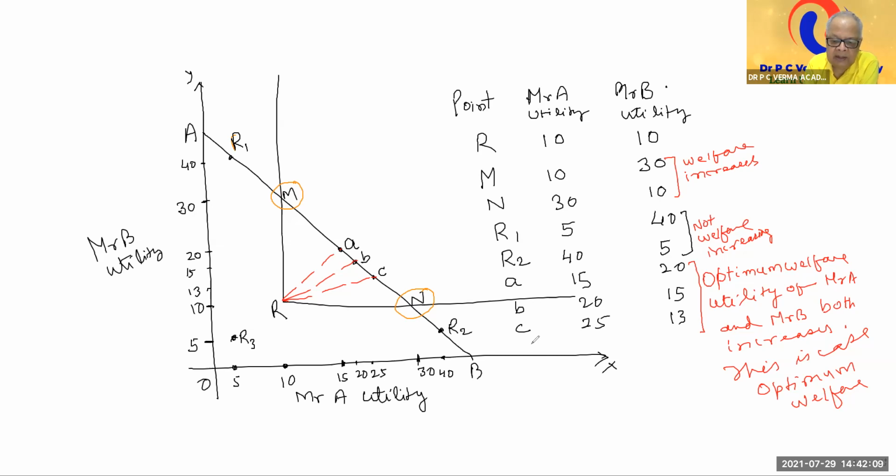And the last one is R3, both decreasing.